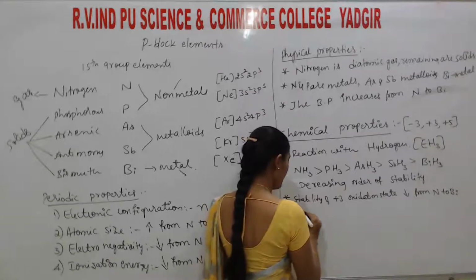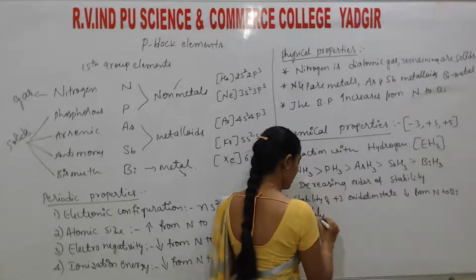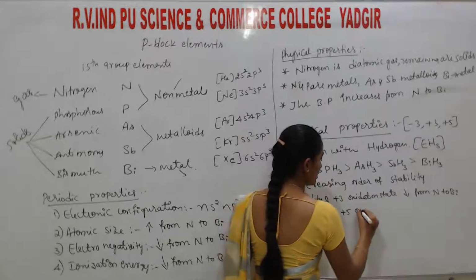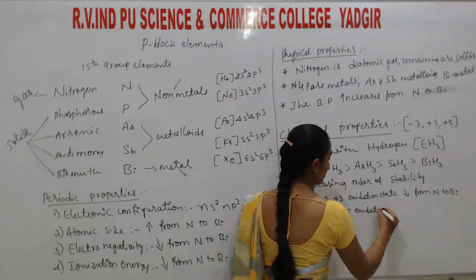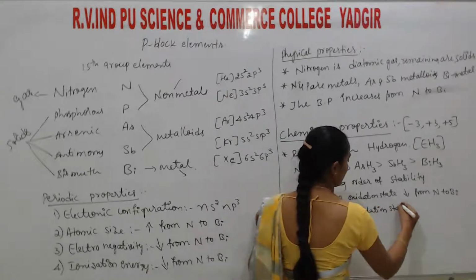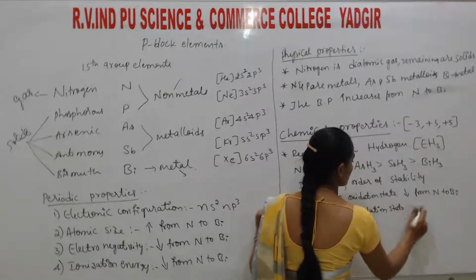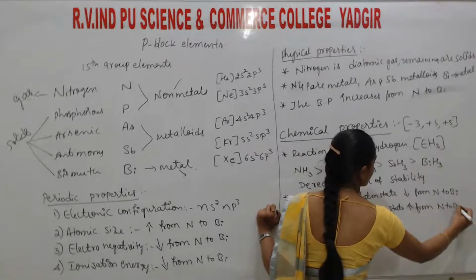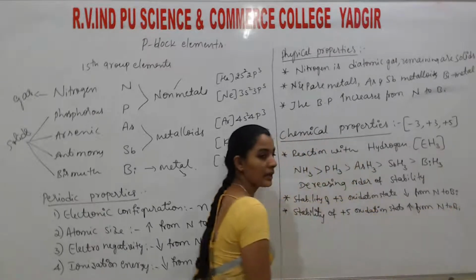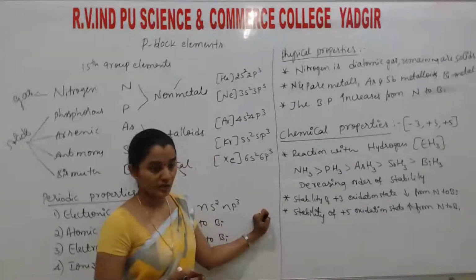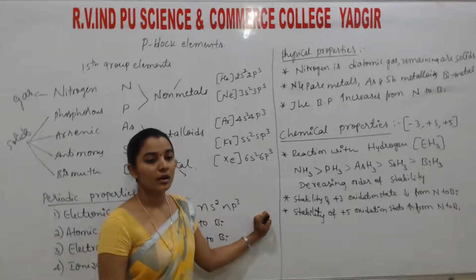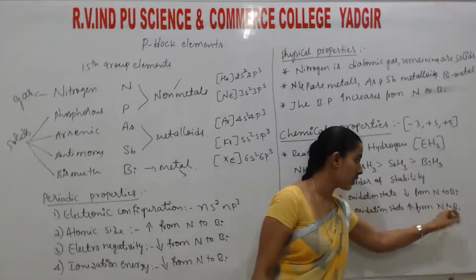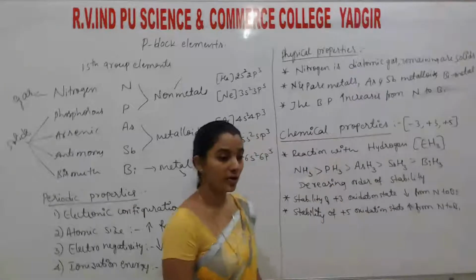Next, the stability of the +5 oxidation state increases from nitrogen to bismuth. Means nitrogen is less stable in the +5 oxidation state, highly stable in the +3 oxidation state. Bismuth is less stable in the +3 oxidation state, highly stable in the +5 oxidation state.